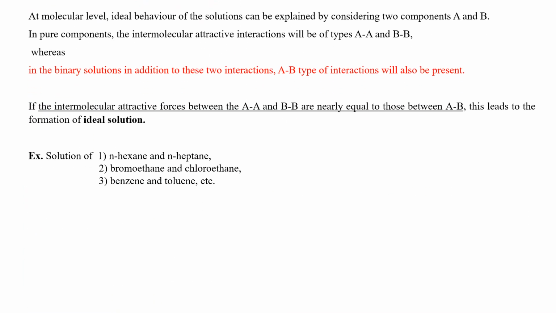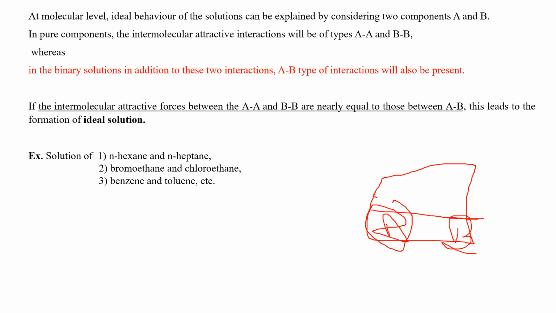Now, at the molecular level, the ideal behavior of a solution can be explained by considering two components A and B. Suppose in a liquid we have two components, component A and component B. In pure components, the intermolecular interactions will be of the AA or BB types, whereas in a binary solution, the interaction will be of the AB type.